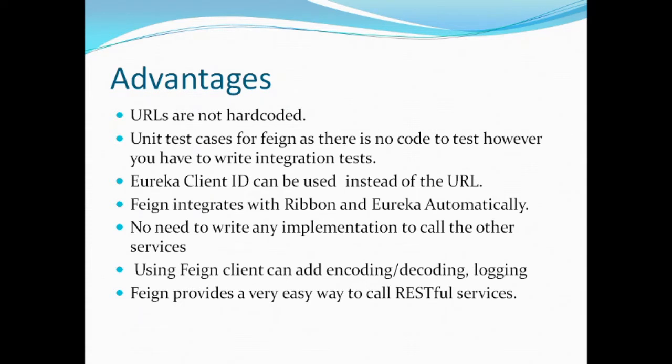And using Feign client, while consuming the application at the consumer side, we can also add encoding and decoding features, and logging can be provided. Feign provides a very easy way to call our RESTful web services. We will look into one example where Feign client is implemented to consume a web microservice.